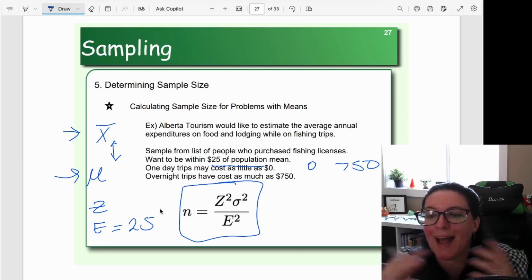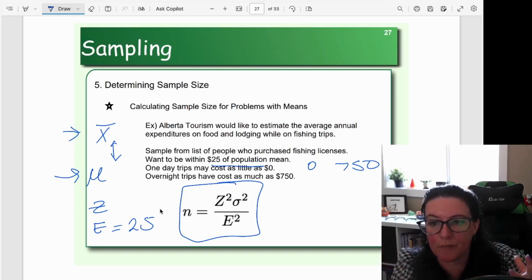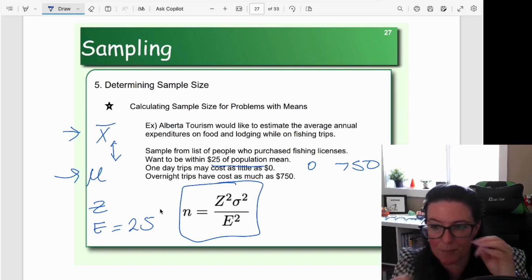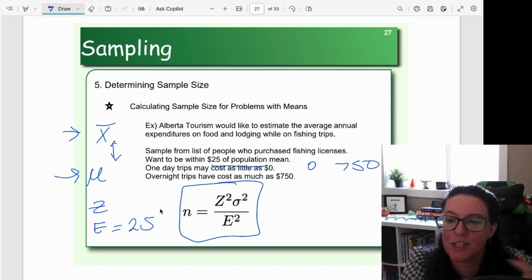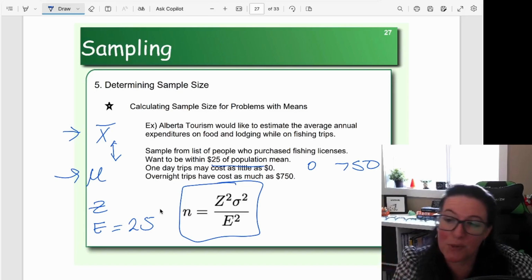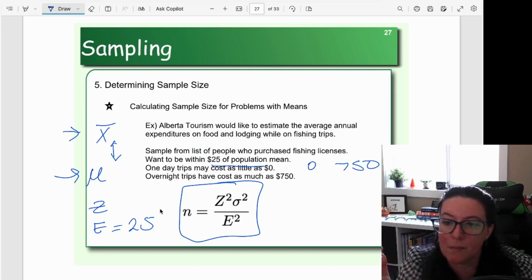So if we need to be 99% confident, it's going to make your sample size much bigger. If you can get away with being right only 95% of the time, so you take these samples and they give you different averages, and you need them to be within that range of the population average only 95% of the time, you're okay with a little bit of error, then your sample size can be smaller.